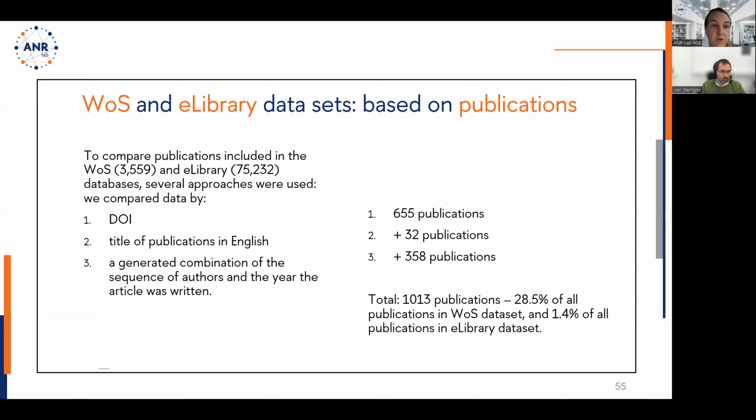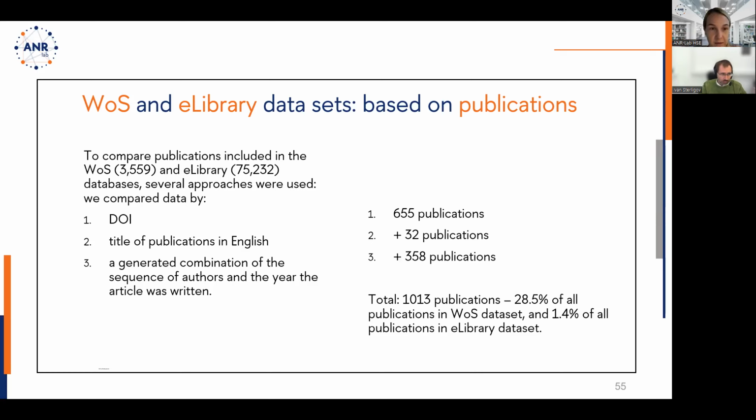At first, we thought that we can merge them, finding pairs from the first dataset to the other by DOI, but you have seen that for the majority of publications, unfortunately, we do not have DOI. That's why it allowed us to get only 655 publications which are included in both of the datasets.